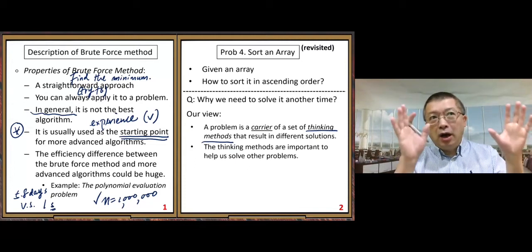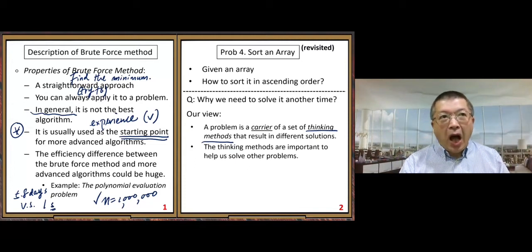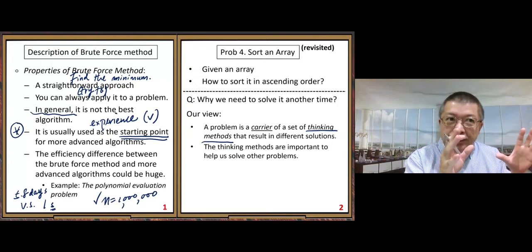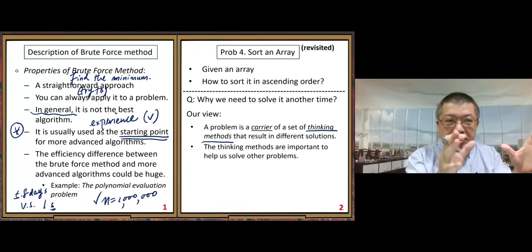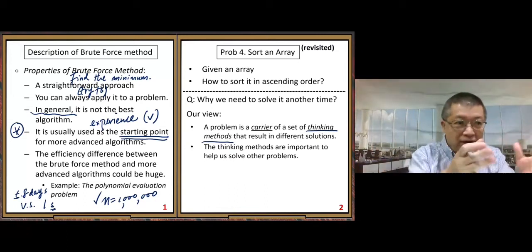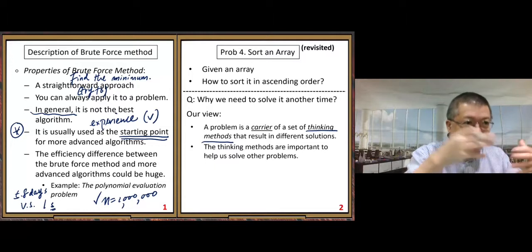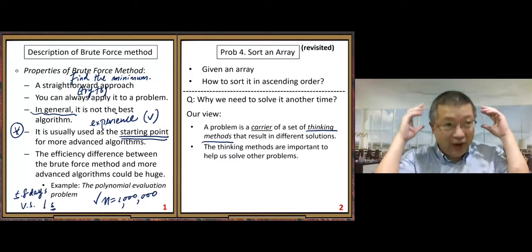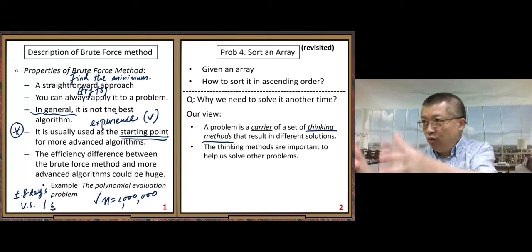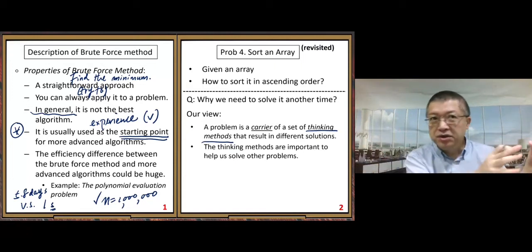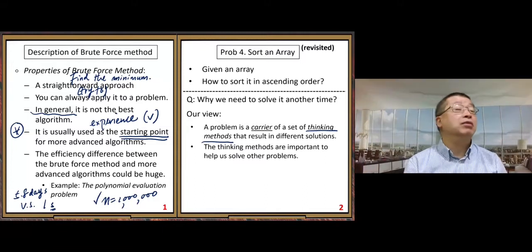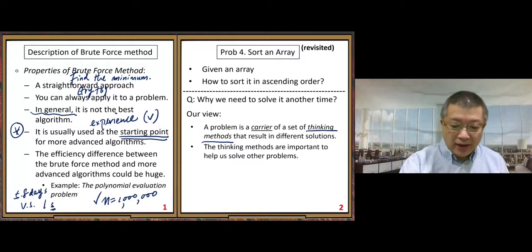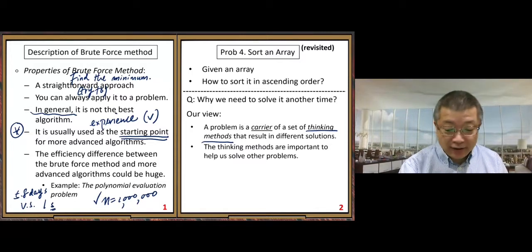So here's the question. How do you put a large number of thinking methods together in a package in your brain, so that in real world situations you can use some of them to solve problems?